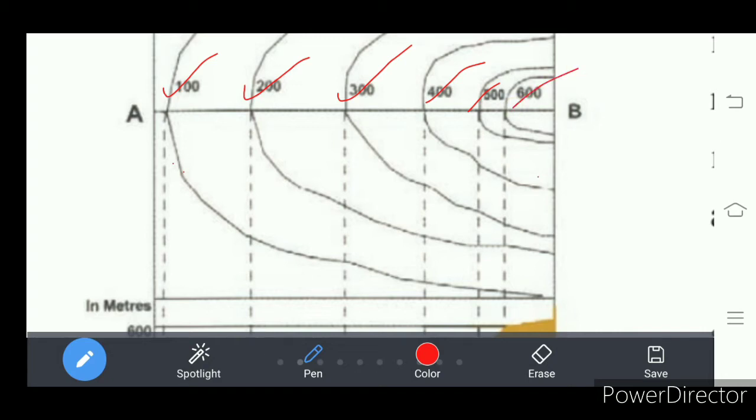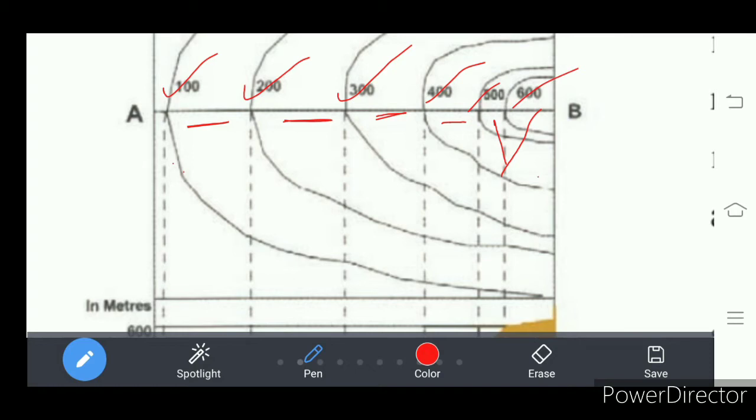So what do you see in all these lines? 100 to 200, 200 to 300, 300 to 400, and 400 to 500. There is some equal distance. Equal distance is there. So the slope is gentle. From 500 meters to 600 meters, the gap is very small.